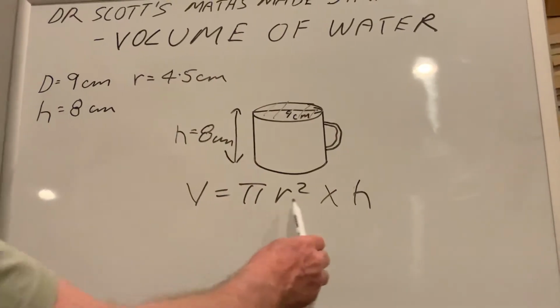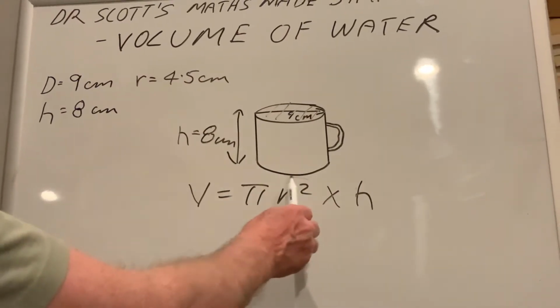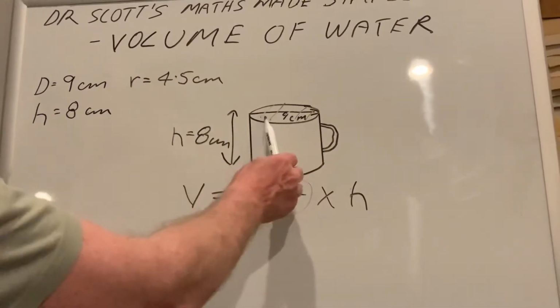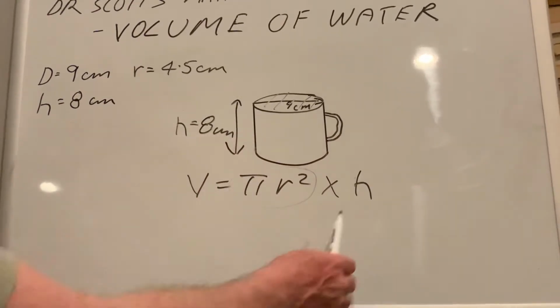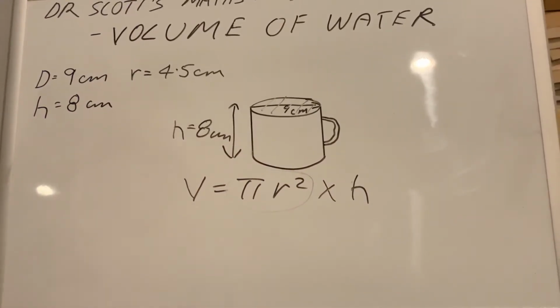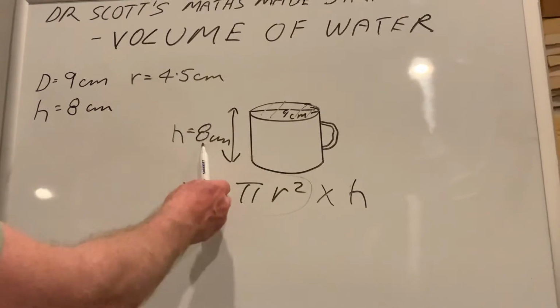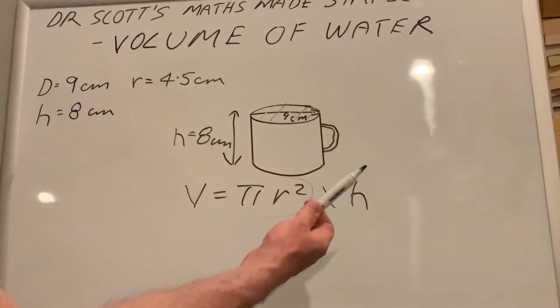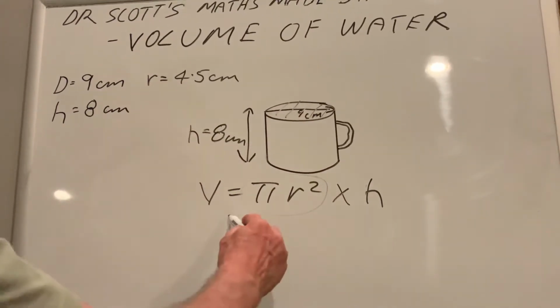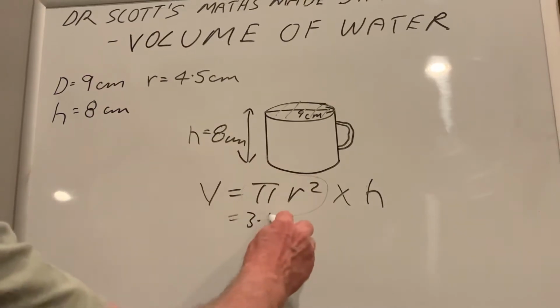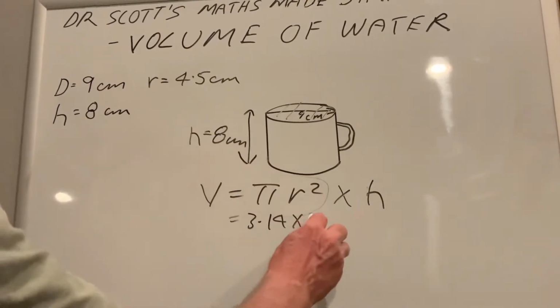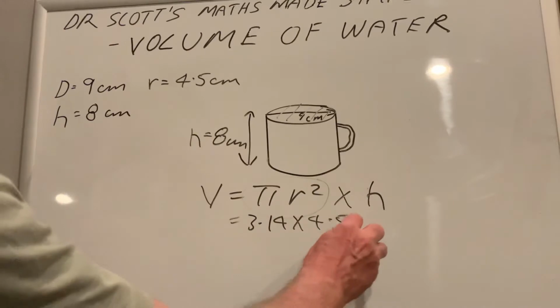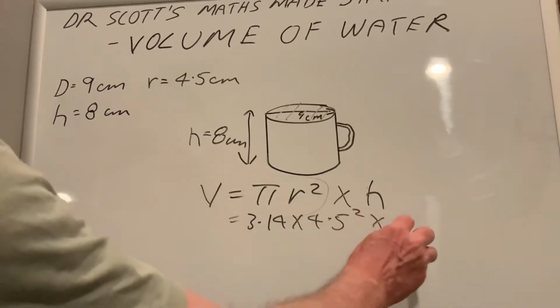So pi r squared, the area of the top, times the height will give us the volume in cubic centimeters. This is in centimeters, that's in centimeters, so we're going to end up with cubic centimeters. That equals 3.14 times 4.5 squared times 8.